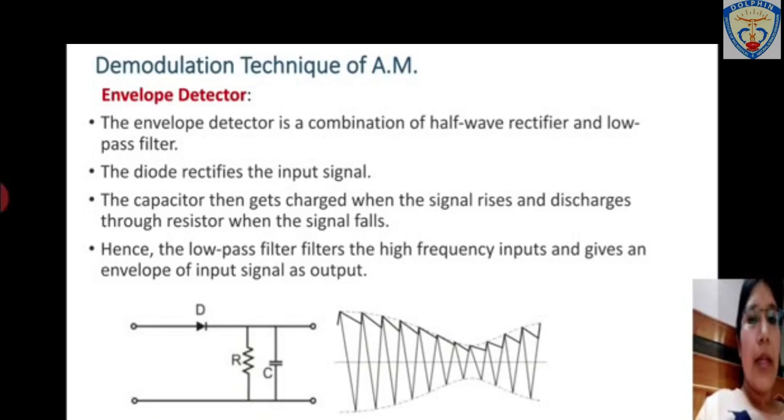The diode simply rectifies the input signal. It passes only the positive half cycle and clips the negative half cycle. Again, the capacitor charging and discharging action will help us in taking the envelope of the message signal. With the help of this, we can easily detect the envelope of the message signal at the receiving side.